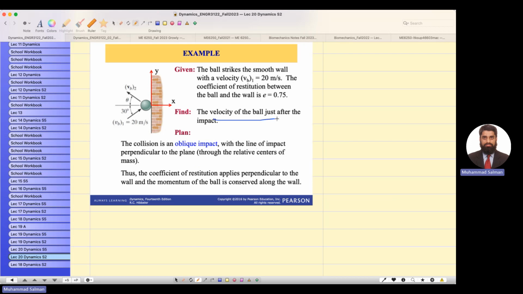We have to find the velocity of the ball just after the impact. The initial velocity is given. I would first of all resolve this into x and y components. So what is VBx1? That is equal to VB1 cosine 30. Can you open your calculators and tell me the answer? 17.32.